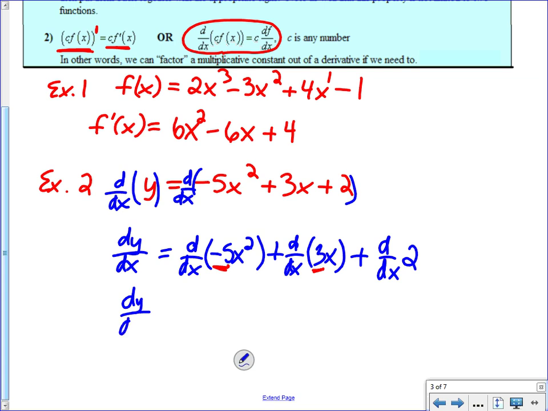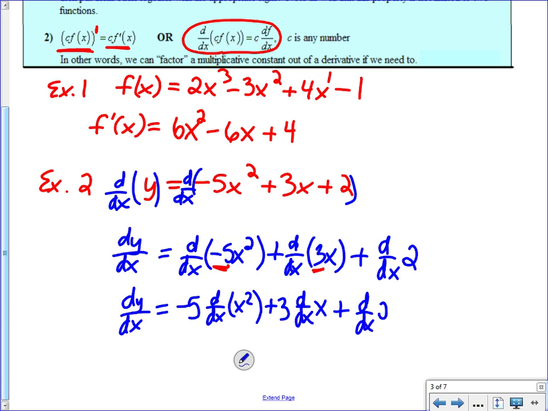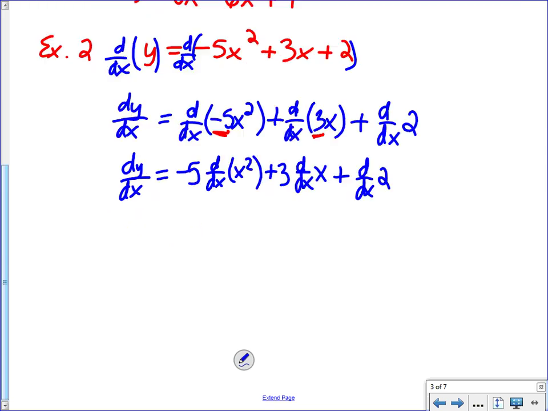So then this could become dy over dx equals -5 times the derivative of x squared plus 3 times the derivative of x plus, and I would just keep that the derivative of 2 because that's a constant, and we know that that's going to be 0. Okay, and then we're going to apply our power rule to find our derivative.